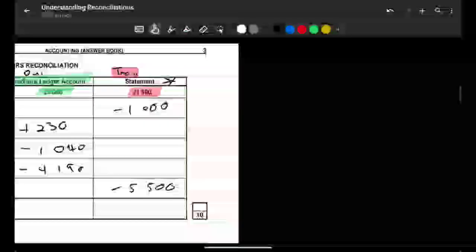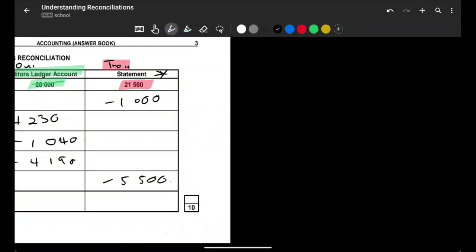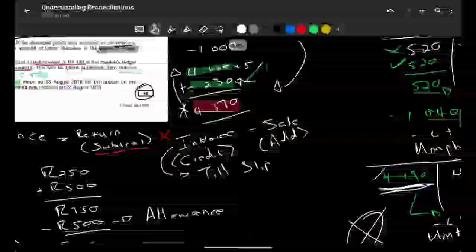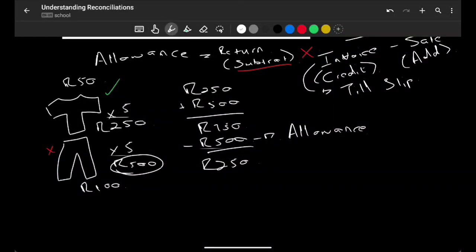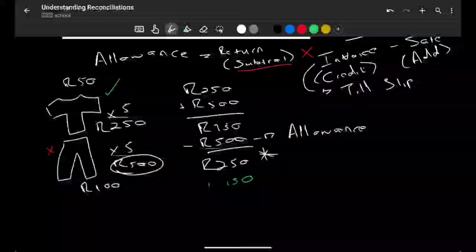Once again, think about it as your own clothing account, right? Let me go back to our clothing example. Remember our balance was 250 here, and then we made a payment of, say, we students, we don't have a lot of money, 150 rand.